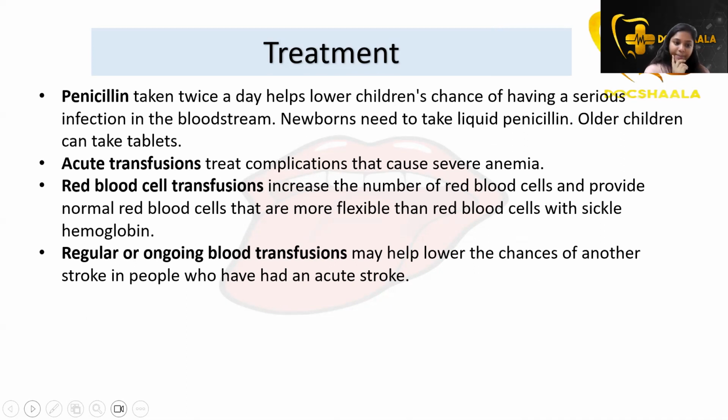Older children can take tablets. Then acute transfusions treat complications with severe anemia. If the patient is exhibiting severe anemia, he can be given acute transfusion, and red blood cell transfusion increases red blood cells and provides normal RBCs for the patient. And regular and ongoing transfusions should be performed in the patient to lower the chances of stroke.